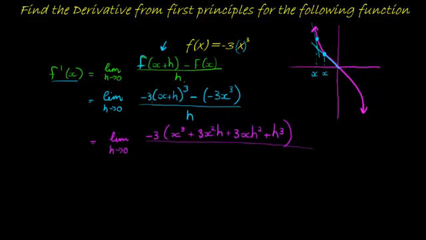So how did I get that? Well, you have 3 brackets that you multiply out, x plus h, x plus h, x plus h. Multiply out the first two, you get x squared plus 2xh plus h squared, and then everything in here has to be multiplied with an x and with a plus h.